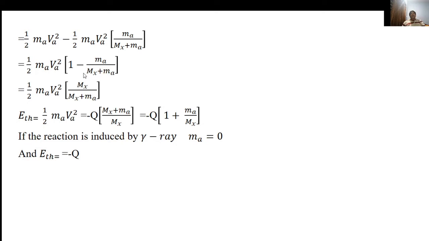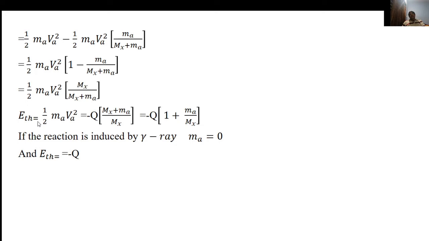Here mx plus ma is taken as LCM. Then this equation becomes (mx plus ma minus ma) by (mx plus ma). Therefore, ma gets cancelled, and this equation becomes 1/2 ma Va² into mx by (mx plus ma).